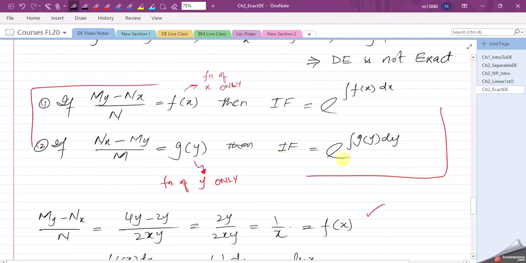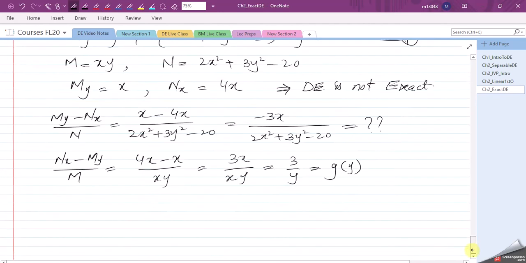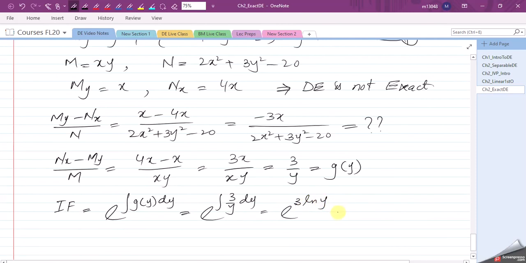So our IF is e to the power integral of g of y dy. Remember, this is dy, not dx. So our IF equals e to the power integral of 3 over y dy, which is 3 log y, and that is equal to 3y.